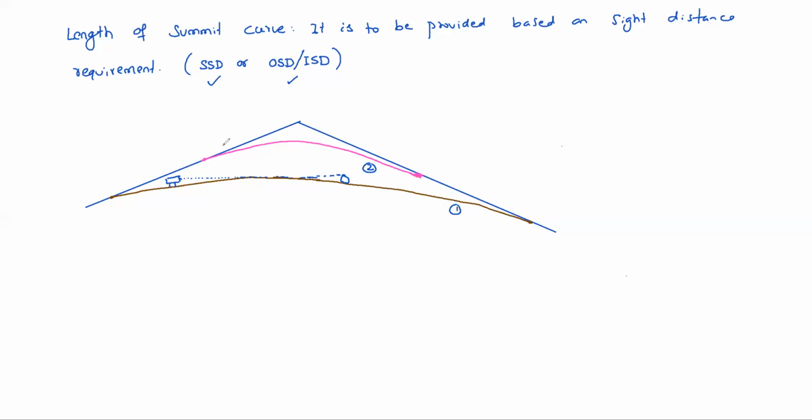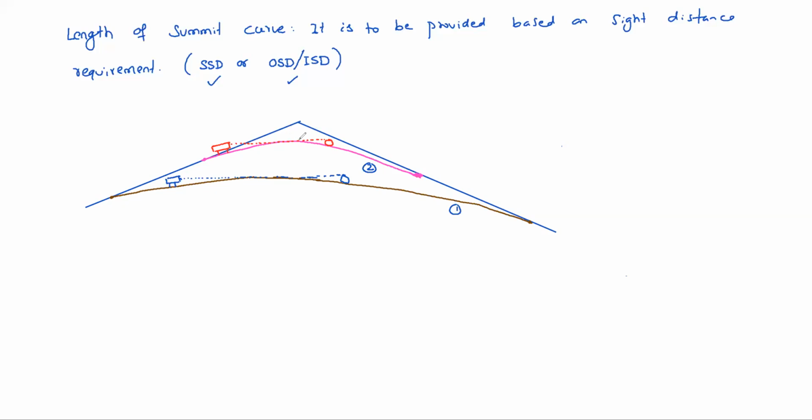Suppose a vehicle is here. So a small length only can be seen. If you provide a steep vertical curve, like a summit curve like this, only a small length can be seen.